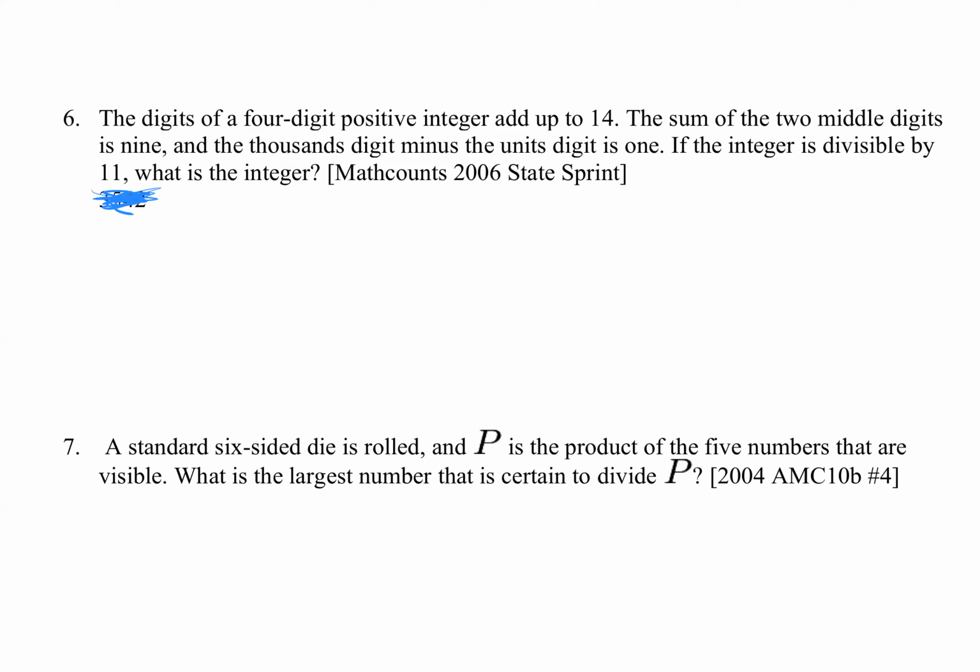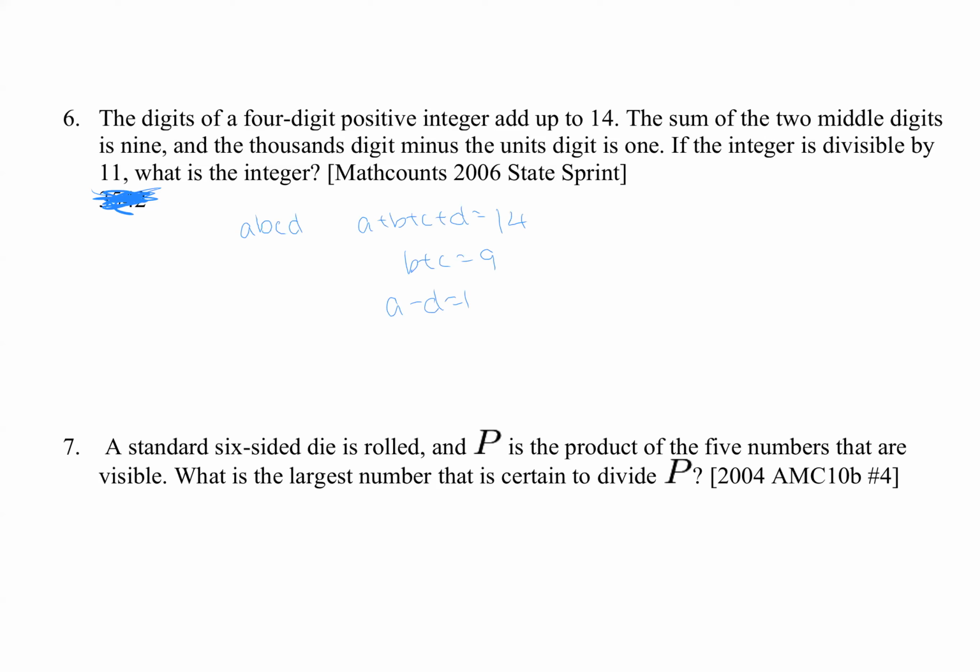Okay, so let's start. Let's say that this 4-digit number is A, B, C, D, right? So we have that A plus B plus C plus D equals 14. And we know that B plus C equals 9 and that A minus D equals 1. So this is a lot that we are working with, right?